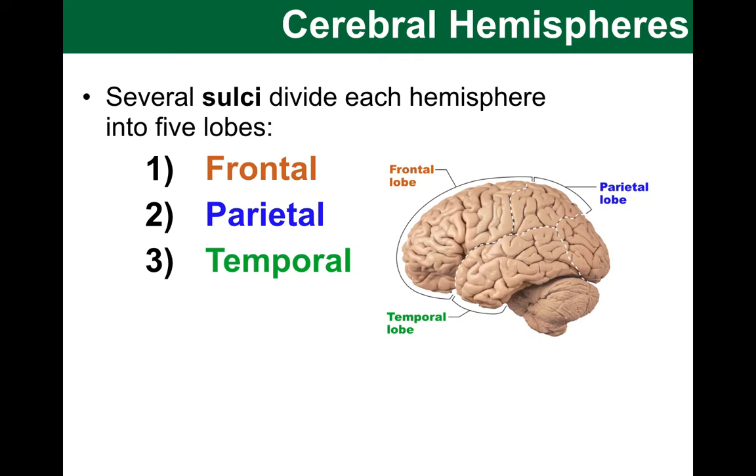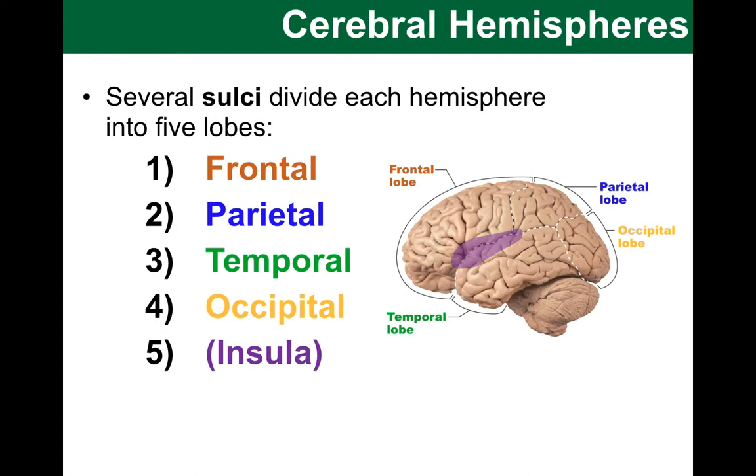Then we have the temporal lobe under the temporal bone, and finally the occipital lobe at the back. And although it really is not a lobe, but an area deeper inside between the temporal and frontal lobes, we have the insula.